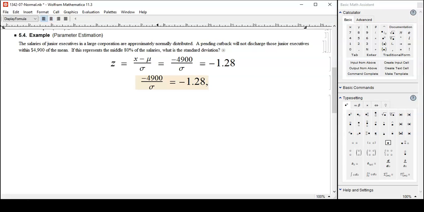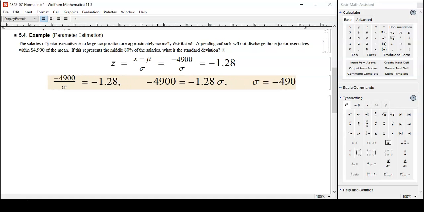We have an equation, and we can solve it. Multiply both sides by sigma: negative 4,900 equals negative 1.28 sigma. Then divide by negative 1.28: negative 4,900 over negative 1.28. If you run your calculation, you get what you want.